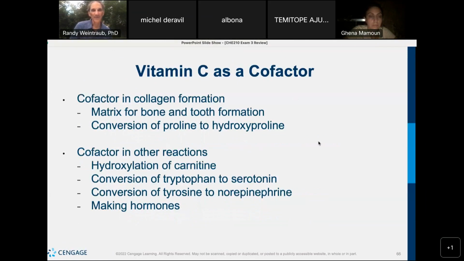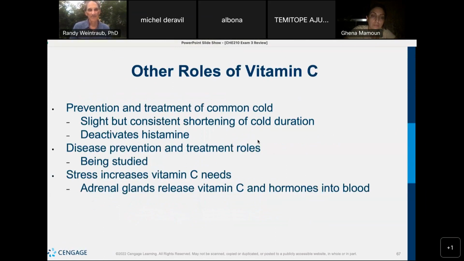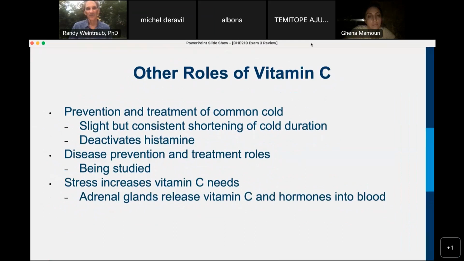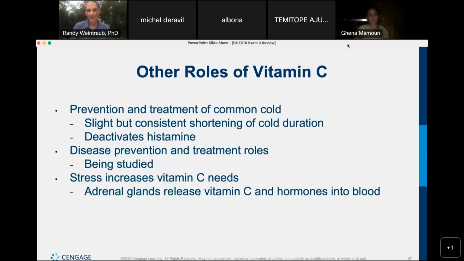Vitamin C is also a cofactor in healthy collagen, bone matrix. And some other roles. Vitamin C has a bunch of overlapping roles with other important nutrients.